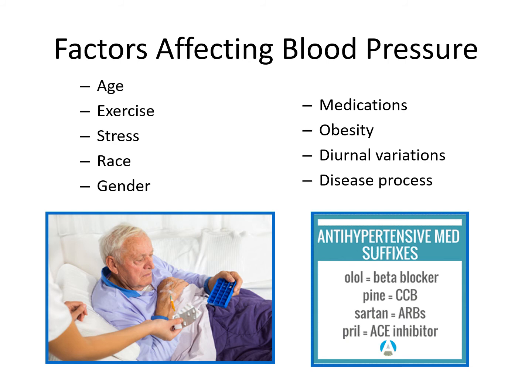Now, there are lots of factors that affect a person's blood pressure. Yesterday, we said it's a normal occurrence as we age. There are age-related changes that occur with our blood pressure.